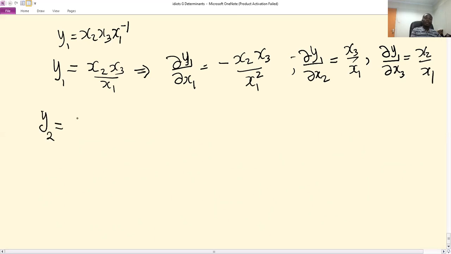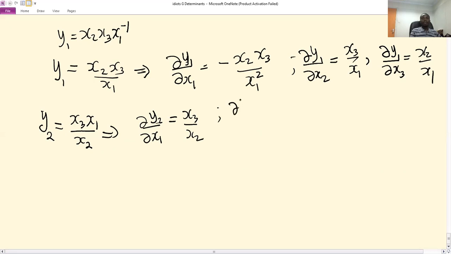y2 is given by x3 x1 over x2. Partial y2 partial x1, by the power rule, we get x3 over x2. Partial y2 partial x2 will be easily calculated by rewriting this as x3 x1 x2 raised to power -1.